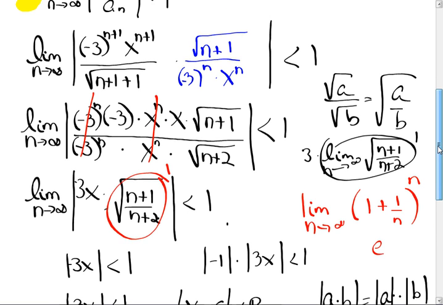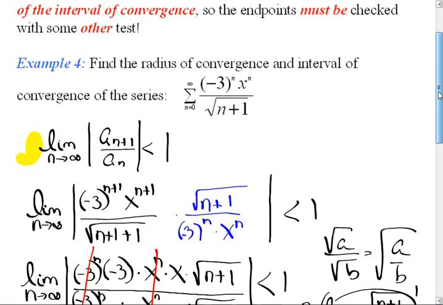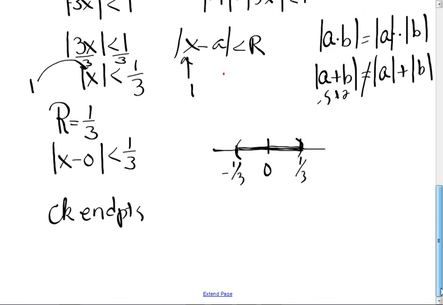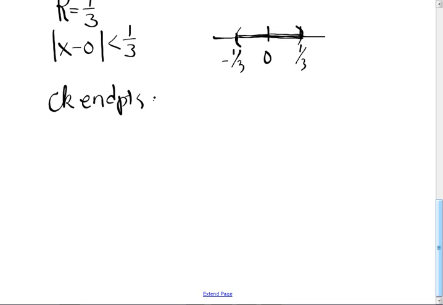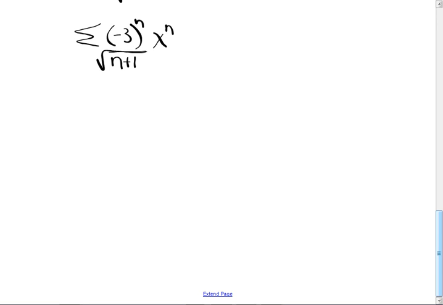Okay. Now I've got to write the series down again because I'm going to forget what it is. Negative 3 to the n. And this is why we did all those convergence tests. It's negative 3 to the n over the square root of n plus 1, times x to the n. Okay. Oh, well, I can make it a difference.